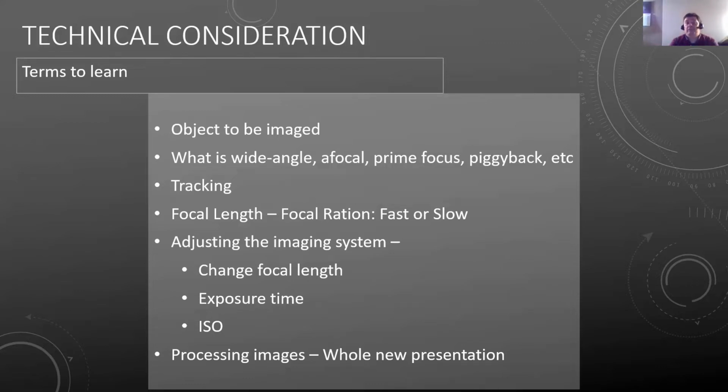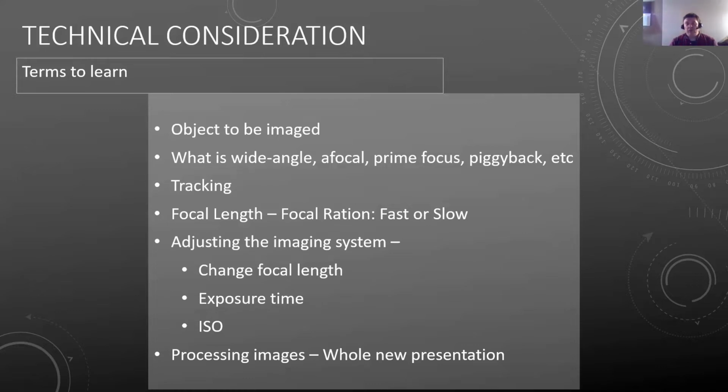And then some things to consider are focal length, focal ratio, what is fast or slow. And that's going to be the length of either the lens you're using or the telescope you're using. And that focal ratio will be the length divided by the width, and that kind of gives you an idea what may be fast. I may talk about a telescope that has f10, which is a focal ratio of 10, which means the length of the path that the light travels is 10 times as long as the width.